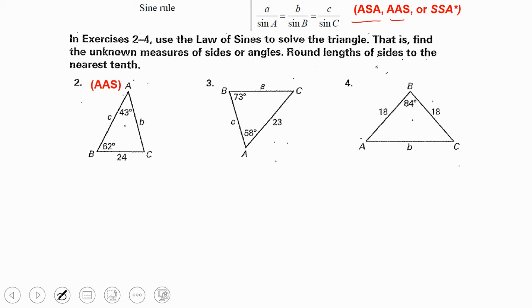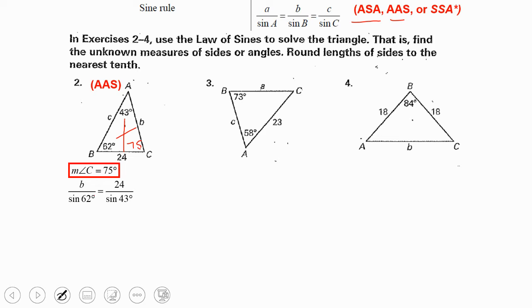Okay, so this first problem is they're giving us 2 angles and a side. So right away, I know this other angle is 75 because all my angles have to add up to 180. And then I can work from there. So b over the sine of 62, so b over sine of B equals 24 over the sine of 43. This is key. We have our angle side pair that's given to us.